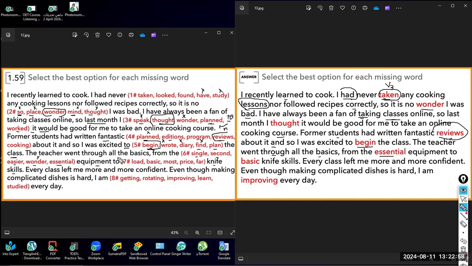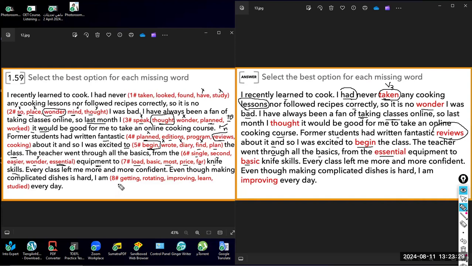The teacher went through all the basics from the essential, from the important equipment to what? To basic knife skills. So I cannot say most knife skills or price. I'm not talking about prices or far, for example, distance or just to load things, because I'm talking about skills.